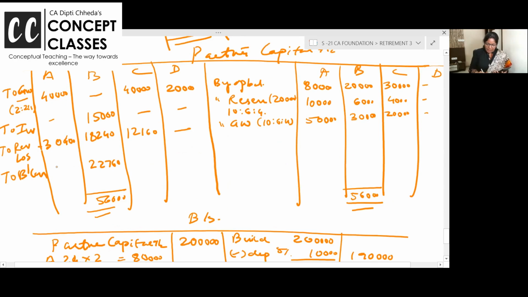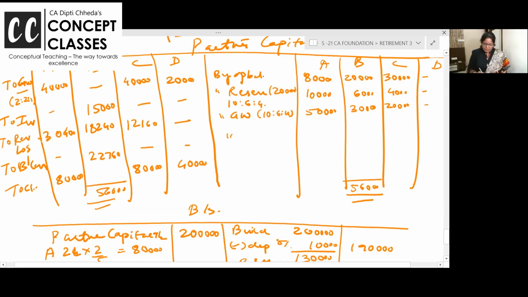Come to the capital account. Write down closing capital 80, 80, 40. Now, how much cash each one will bring? That you can check.